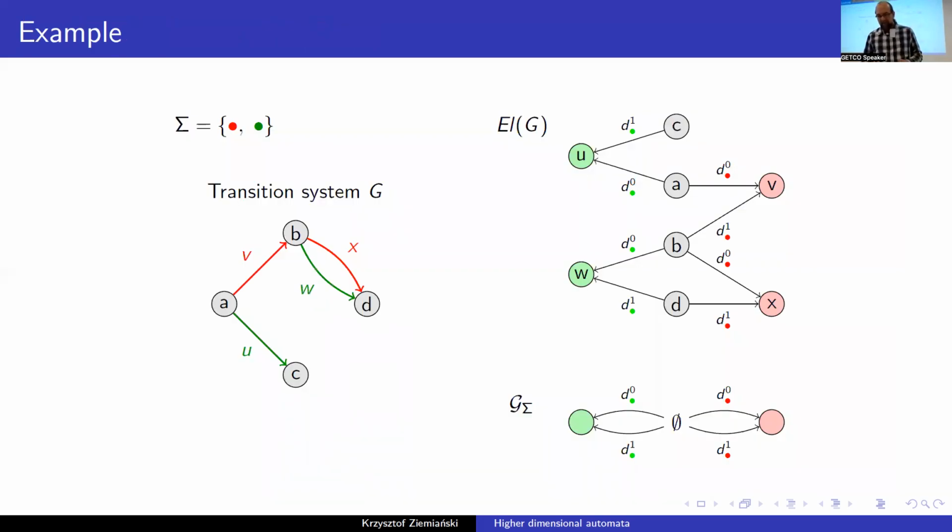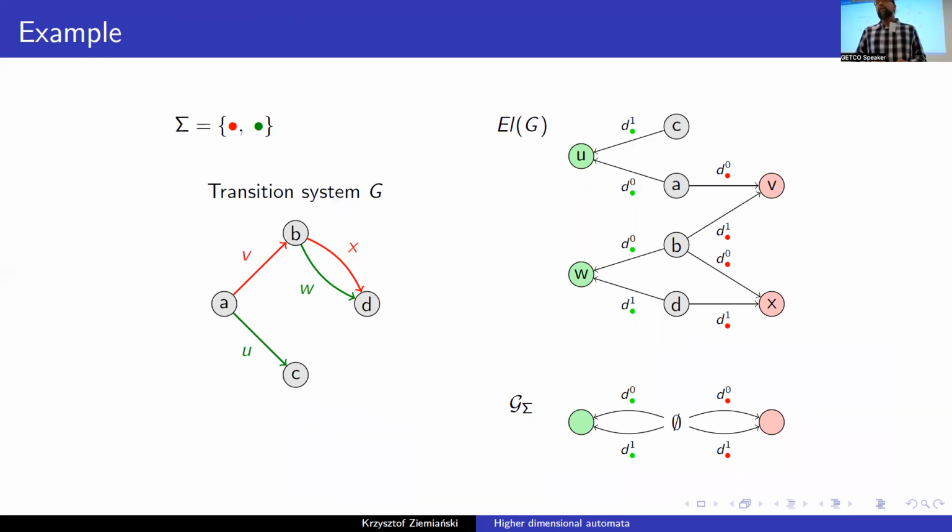So for example, here we have a transition system to the left and the underlying category G sigma to the right, and the element category and some morphism of this element category. This is exactly a presheaf.